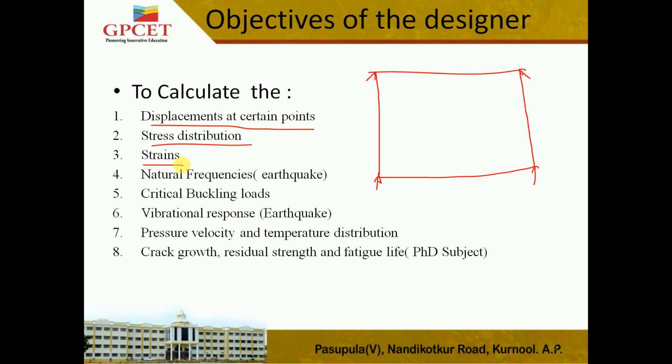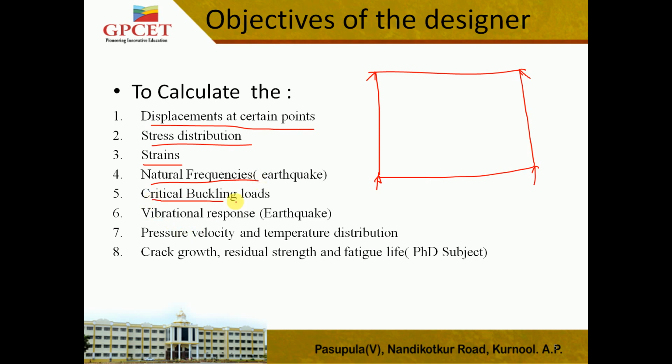According to that, we have to design. Then we have to find the natural frequencies, in terms of aeronautical engineering and earthquake engineering. If an earthquake hits, the building will automatically vibrate. That vibration is calculated in terms of natural frequencies.